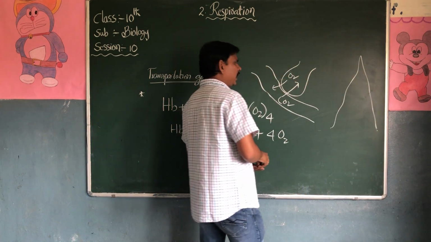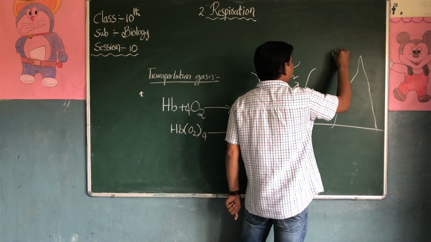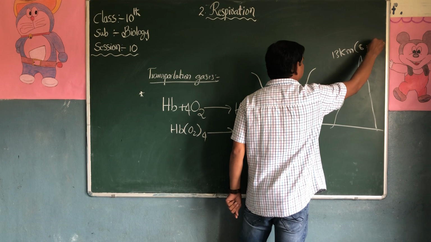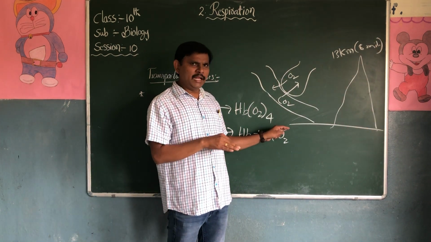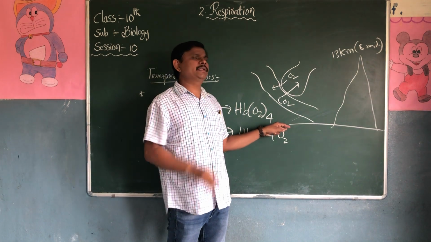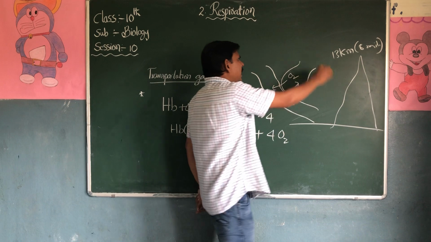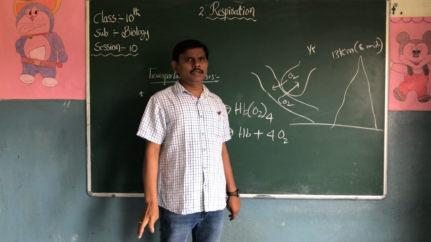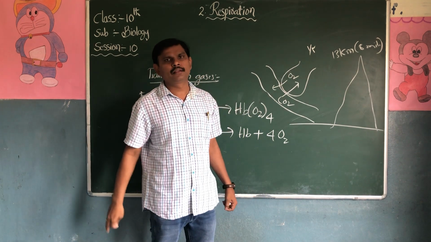For example, at about 13 kilometers or 8 miles above sea level, the oxygen level is very low. It is not in good concentration at about 13 kilometers high.